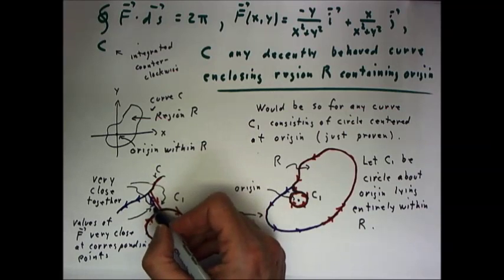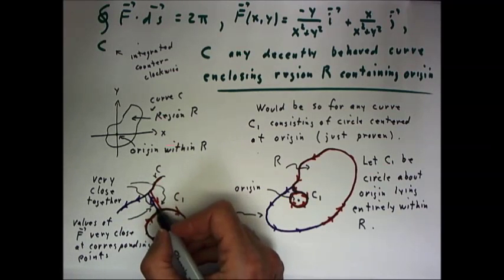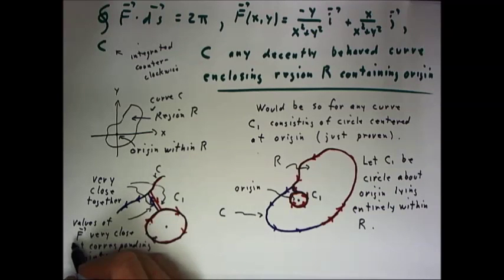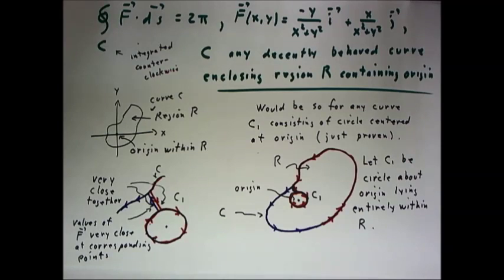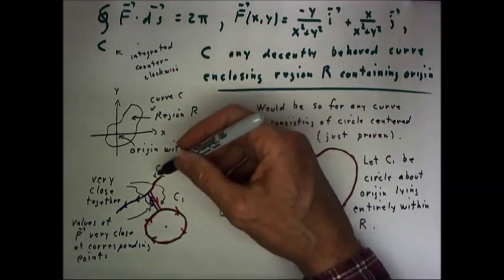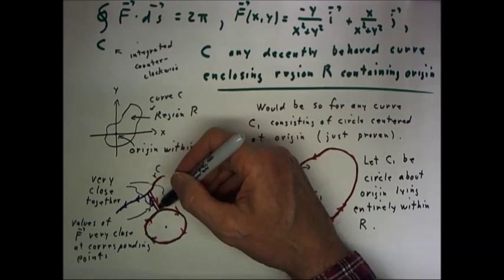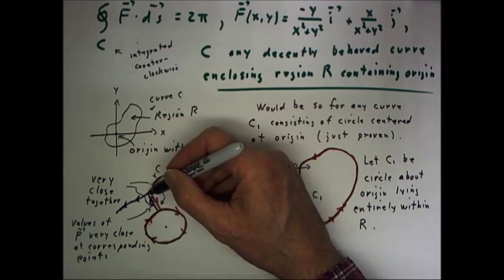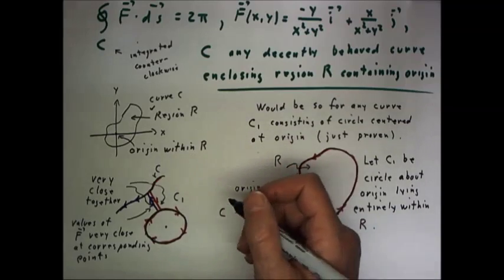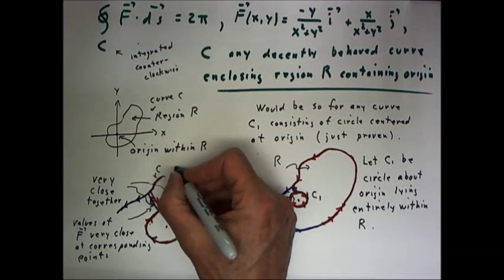Since the space between these is practically zero, there's no room for F to vary by much if it's a continuous and differentiable function. So the integral over the red curve going this way and the integral over the blue curve going this way are very nearly equal and opposite.